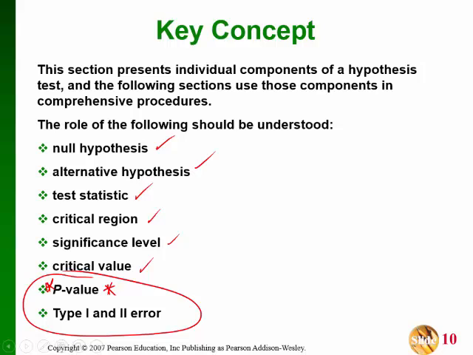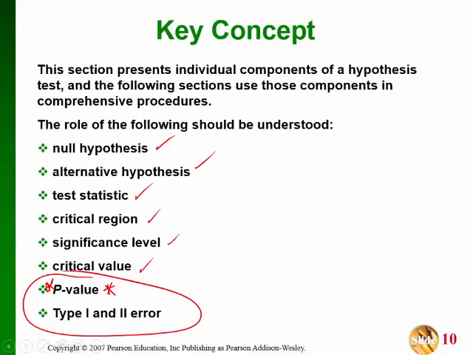When you read a statistical study with some sort of hypothesis test, they're going to give you the p-value, probably more often than the test statistic. But there is a relationship between the p-value and the test statistic, and we'll find out what that is.